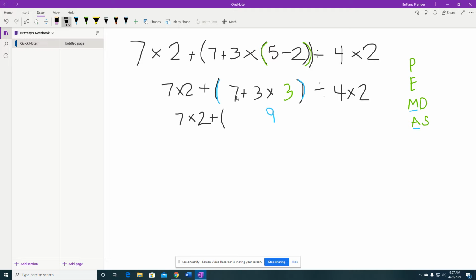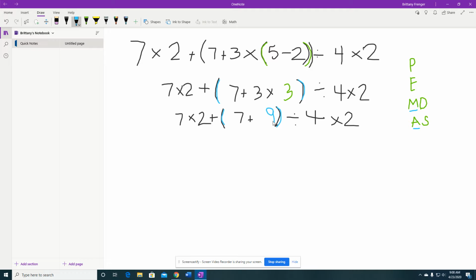And now we're still in parentheses because we didn't finish everything inside it. So we have 7 plus 9 divided by 4 times 2. Okay, so our next step is still our parentheses. We already did our multiplication. Now we're on to our addition.